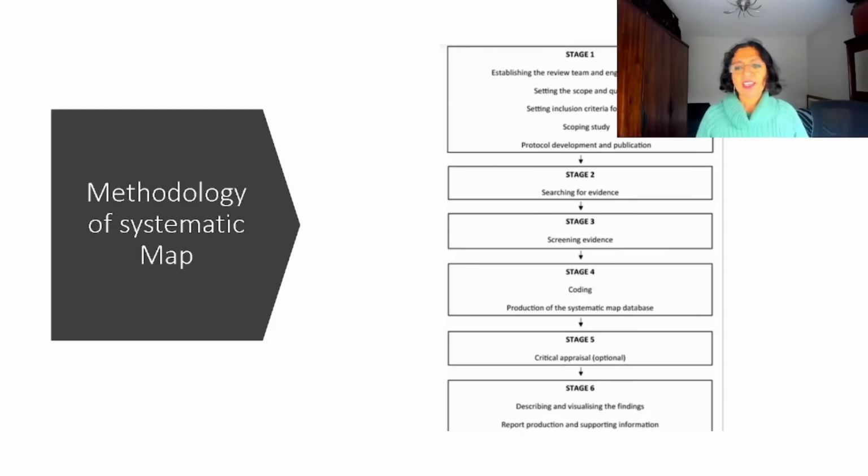Stage 2 is searching for evidence, stage 3 is screening evidence, stage 4 is coding, stage 5, which is an optional stage, is critical appraisal, and stage 6 is describing and visualizing the systematic map, that is the reporting stage.